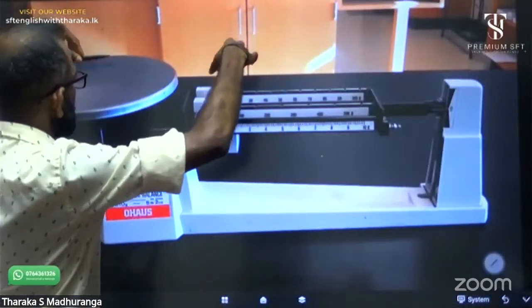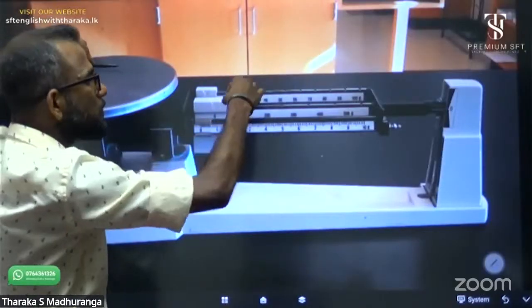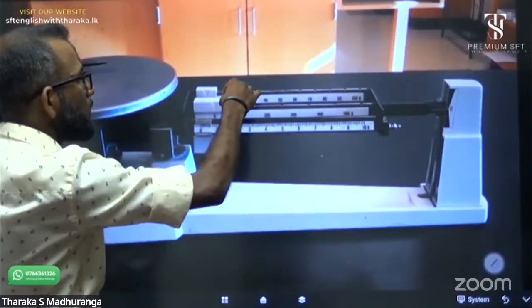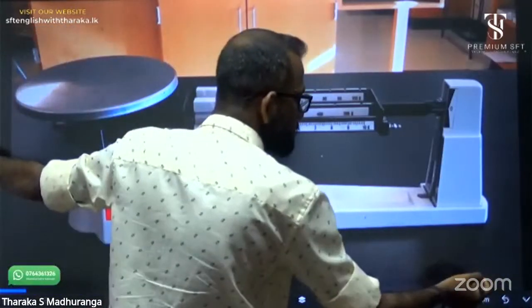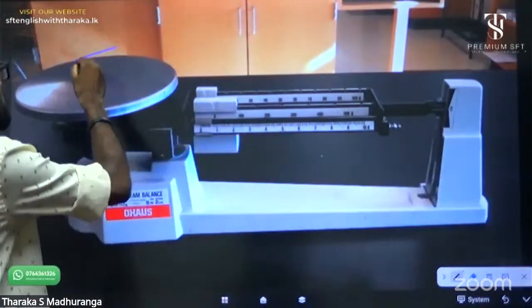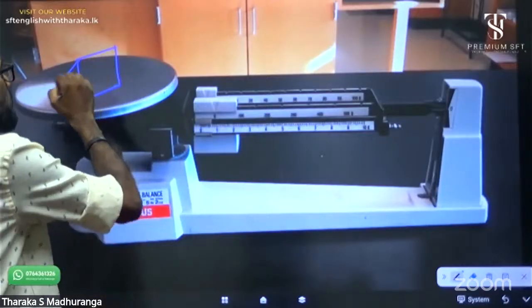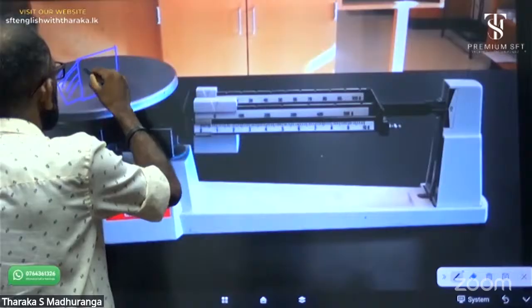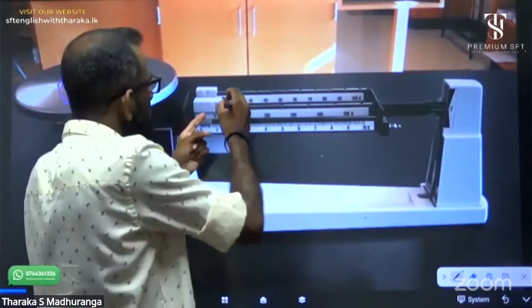Now think I place the object on the measuring pad and start balancing, taking measurements with the heaviest mass.